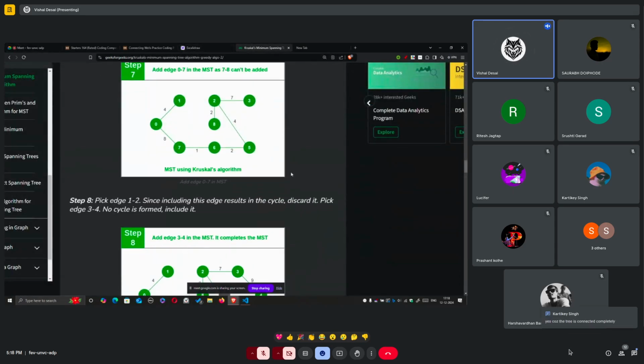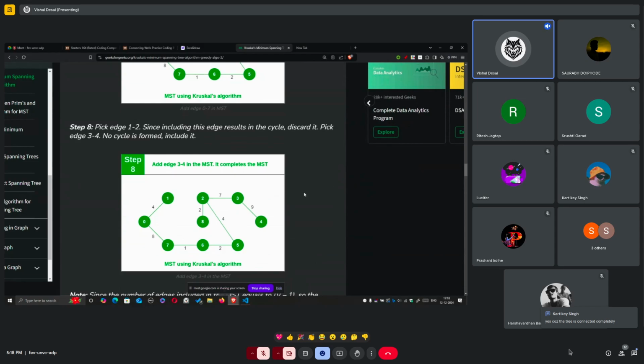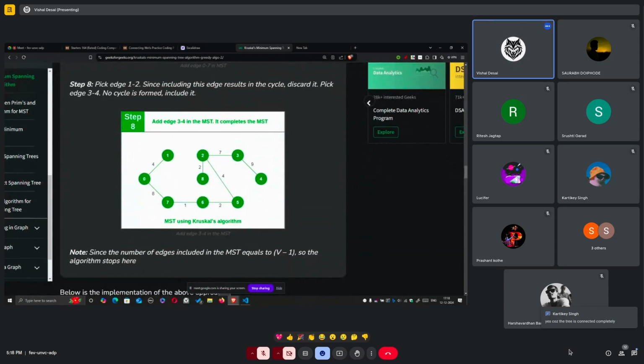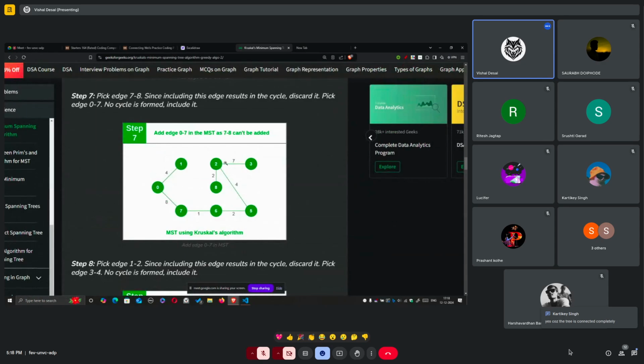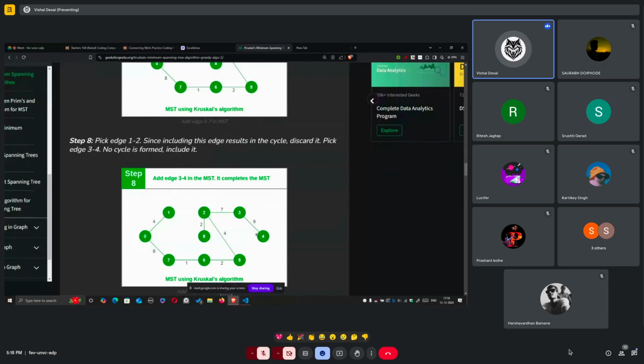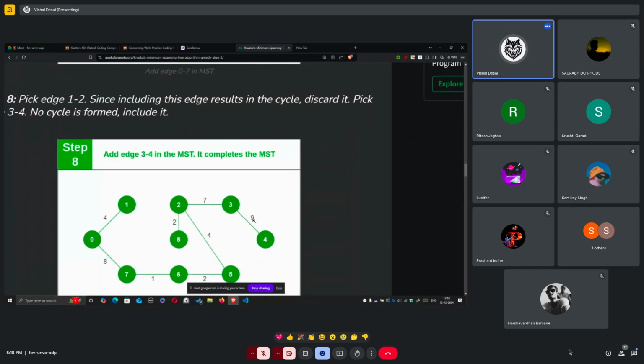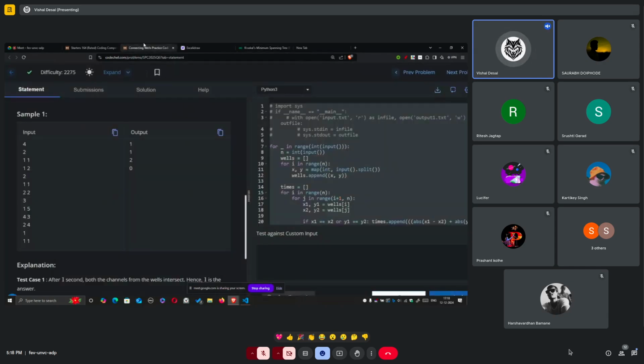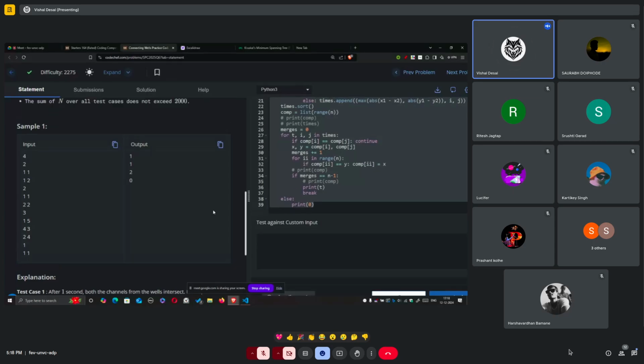As we can see, there are exactly n minus 1 edges in this as well. So as soon as you connect the last node, the weight that you connected is your answer in the question as well, here as well.